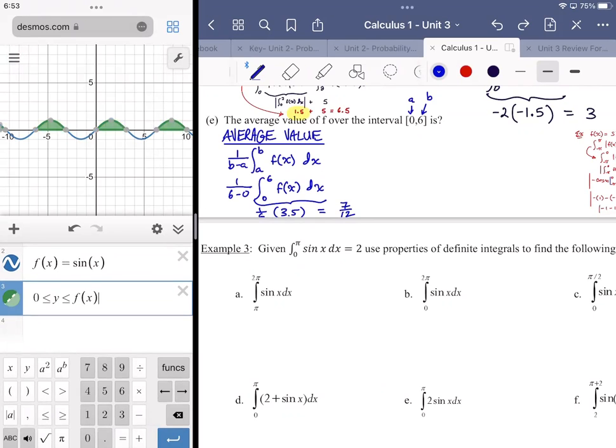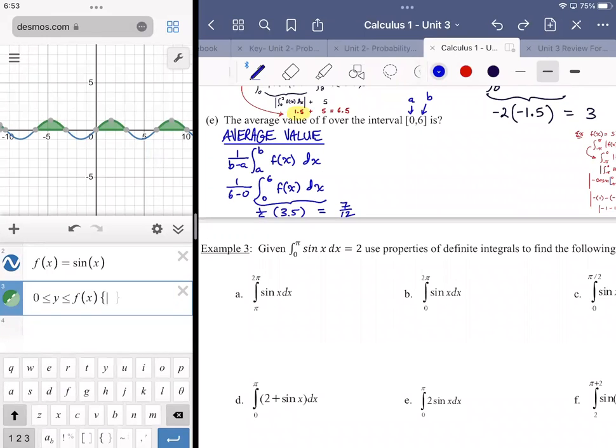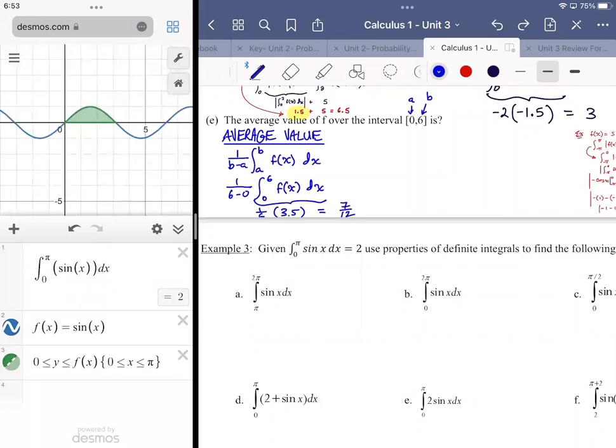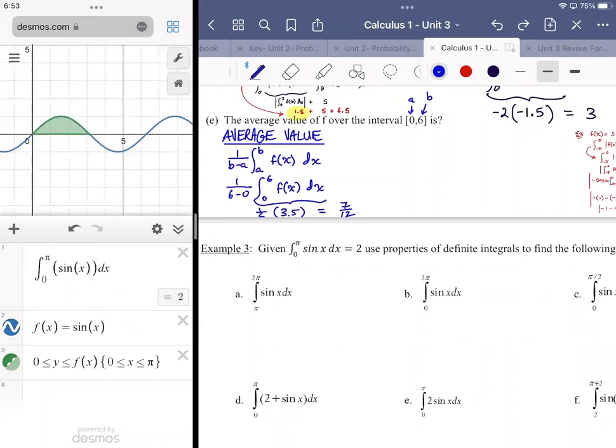Those would be all the top side values or areas, but I only want going from 0 to pi. All right, so it's just this little piece here. But that tells me what each arch is worth. Each arch is worth an area of 2. So if I know where the bounds are going to place me in terms of the graph, all I have to do is account for above the axis, below the axis, and I'm good to go.